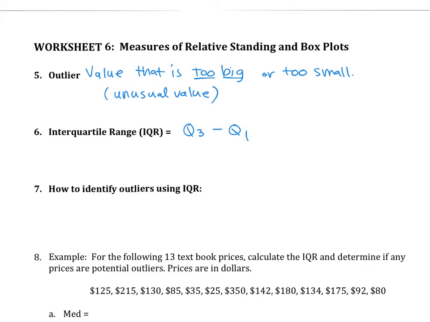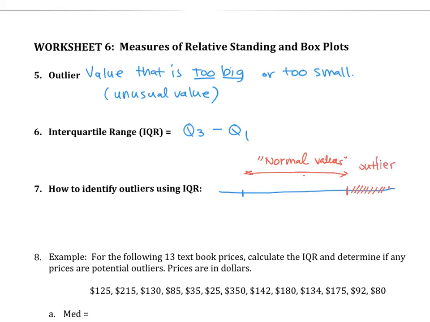And how do you identify outliers using IQR? I'm going to draw a little number line. We're going to come up with 2 values. In between these 2 values right here, these are normal values, not too big, not too small. Once you go past this point, we say, oh, these numbers are too big, so we call that an outlier.